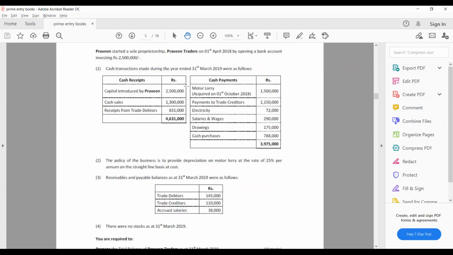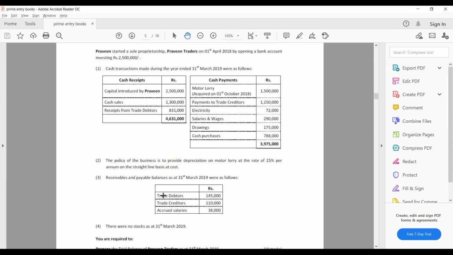Capital introduced 2.5 million. Cash sales 1.3 million. Received from debtors 831,000. Cash payments: motor vehicles acquired 1.5 million. Payments to creditors 1,150,000. Electricity, salaries, borrowings, cash purchases. The policy of the business is to provide depreciation on motor lorry at 25% per annum.